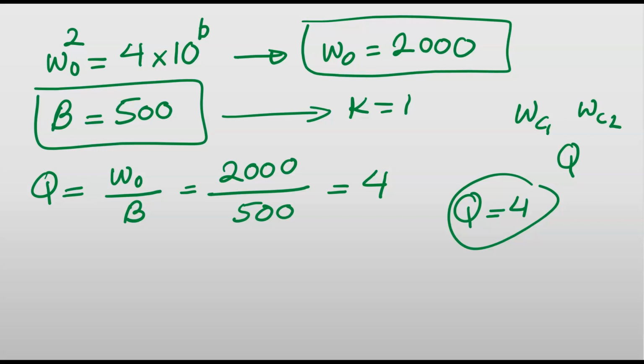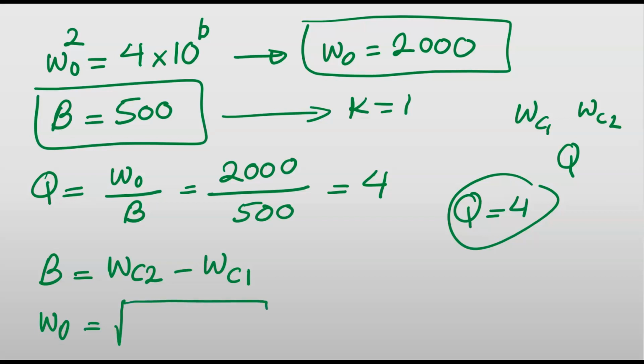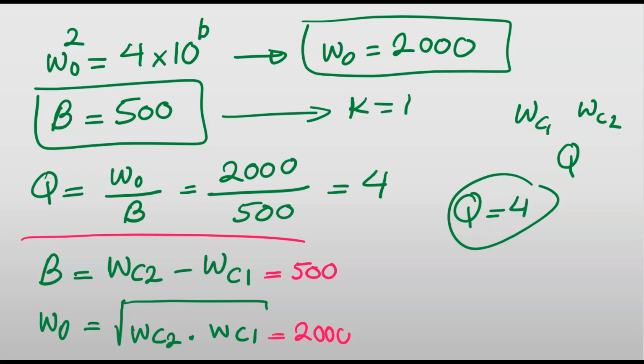Now let's go to the cutoff frequencies. I know that beta is equal to omega C2 minus omega C1, and I know that the center frequency omega naught is equal to the square root of omega C2 multiplied by omega C1. Here, the first equation is equal to 500 and the second one is equal to 2000. So I have two equations with two unknowns.